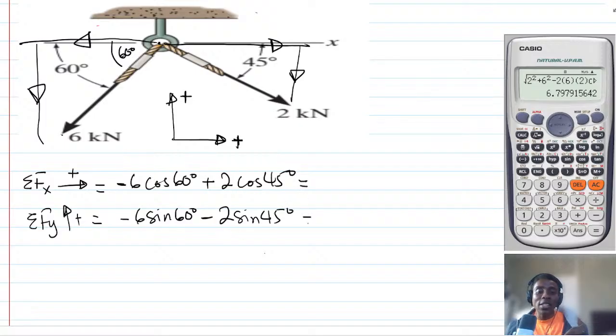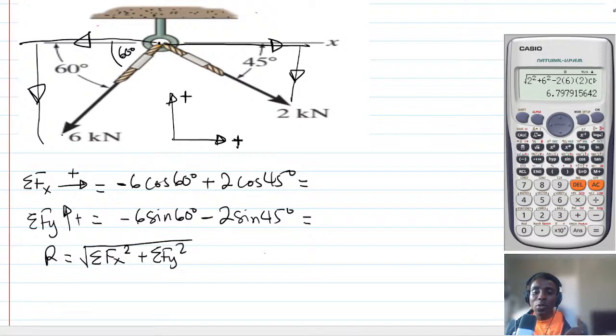So if you do this to get the resultant, the resultant will be the square root of summation Fx squared plus summation Fy squared. So let's quickly do this, and you see that we will get the same results.